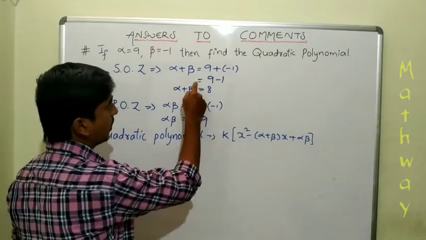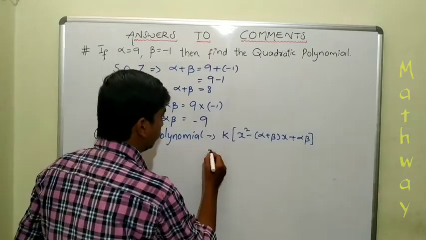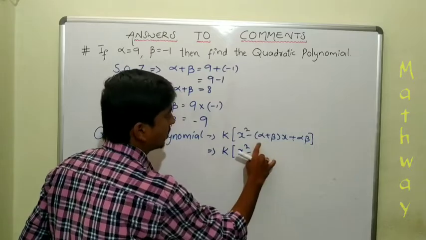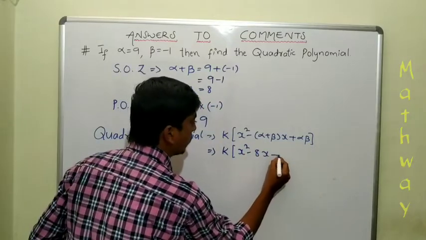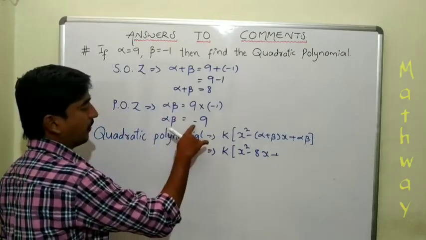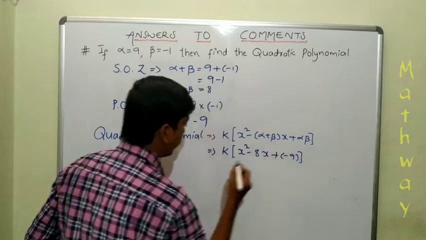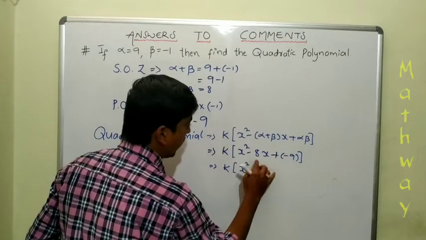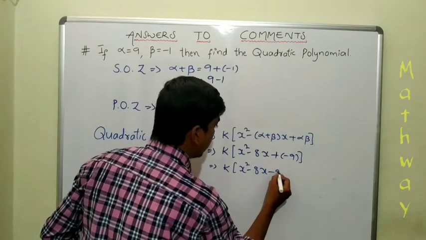So let's substitute the sum of the zeros and product of the zeros in this. Here k of x square minus alpha plus beta, we got 8, so 8x, plus alpha into beta, which we got as -9. So it is k of x square minus 8x minus 9.